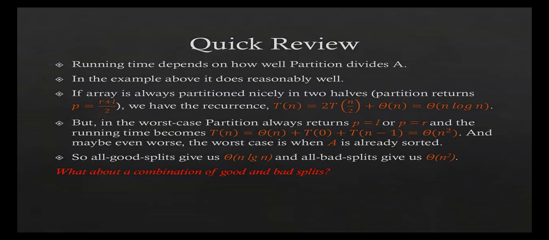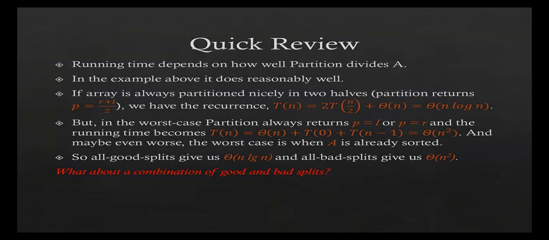If the array is partitioned nicely in two halves, that means the left sub-array has half the elements of the main array and the right side has almost the same half of the elements, then we can get the best case performance. In that case, the time complexity is order of n log n. But in the worst case, partition always returns order of n square, right?